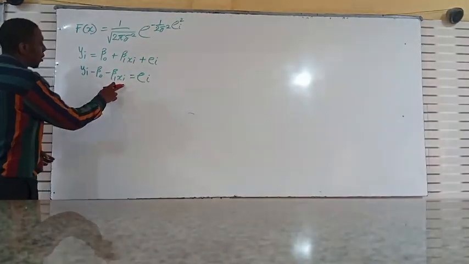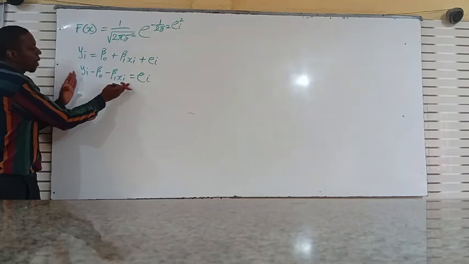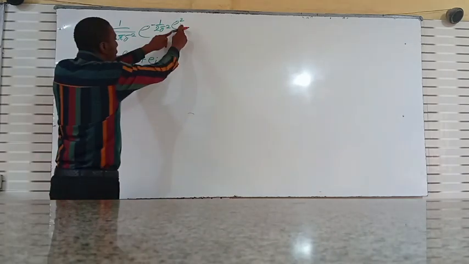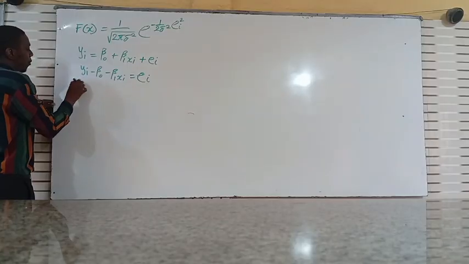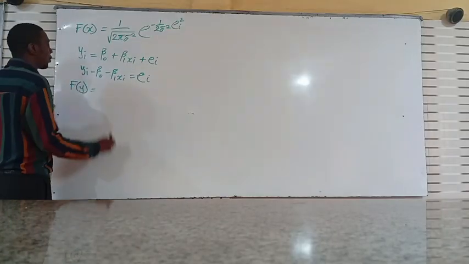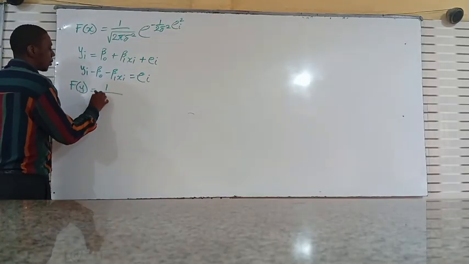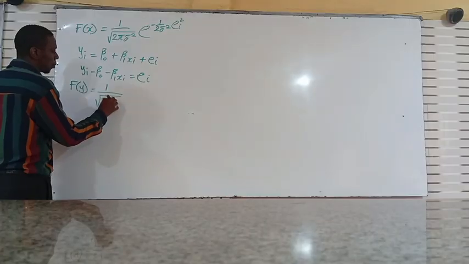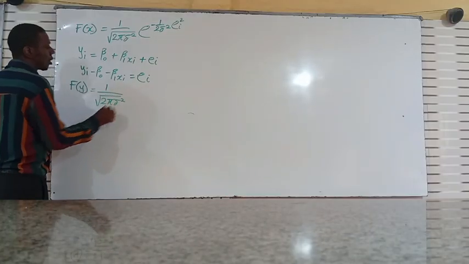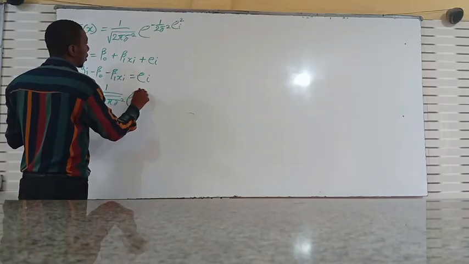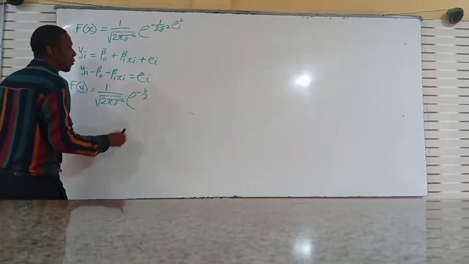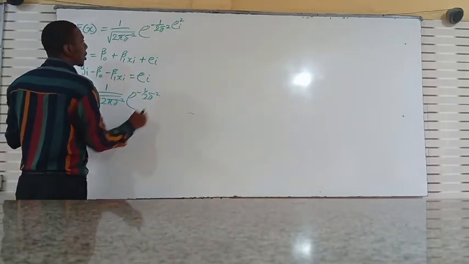Now this is what error is made of, and we are carrying the value of the error, replacing the error here. So it's now going to be f of y, the y function, 1 over 2 pi sigma square followed by exponential minus half sigma square.